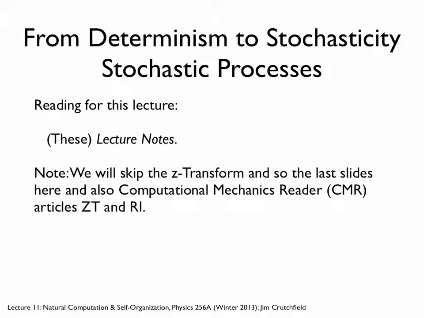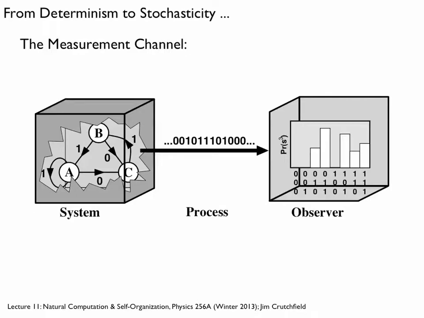Last time we were talking about dynamical systems with probability distributions over continuous state spaces. And today we're going to talk about processes over discrete state spaces. And then next lecture we're going to bring these two things together with this picture of an instrument providing a coarse-grained representation of continuous internal states.